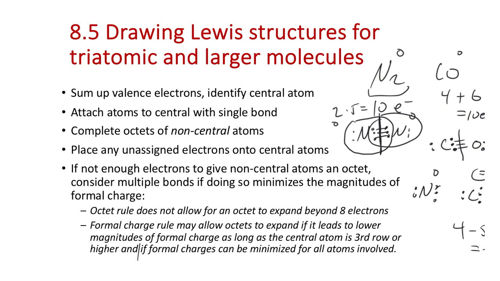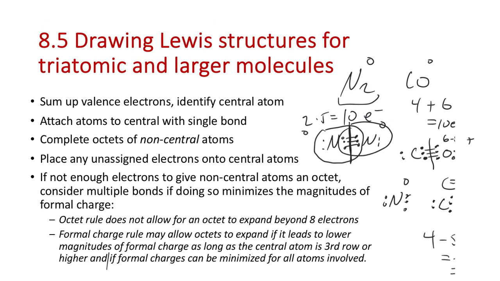It has 5 here, so that's how we get -1. And then oxygen should have 6, only has 5, and that's +1. So I have -1 for carbon, +1 for oxygen. Those sum to 0, so the overall charge is neutral.